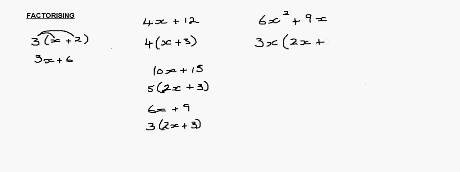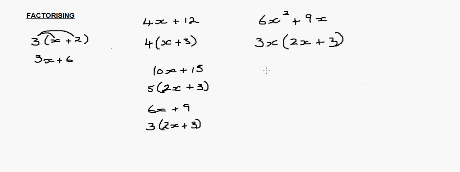Plus, now 3's into 9 goes 3, and the x is already there, you'll notice, because if I put another x in here, I get 3 times 3 is 9, and x times x will give me x squared. I don't want that. I only want x. So 3x times 3 will give me 9x. So there's no need to put an additional x in. Okay?